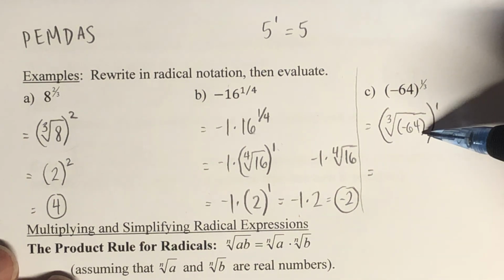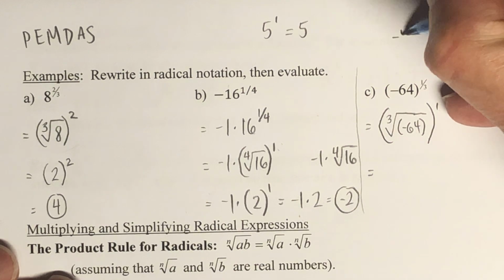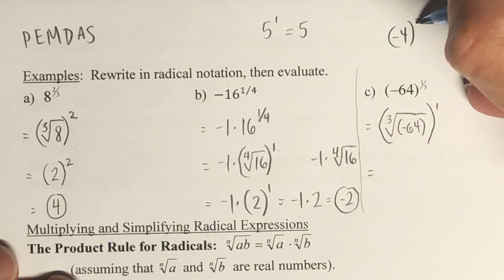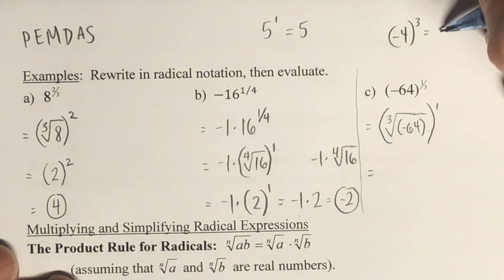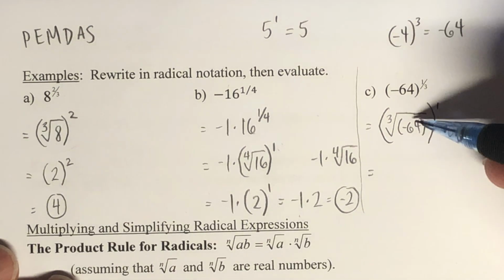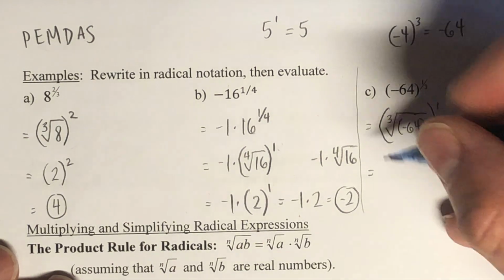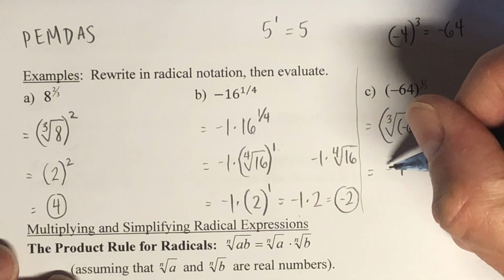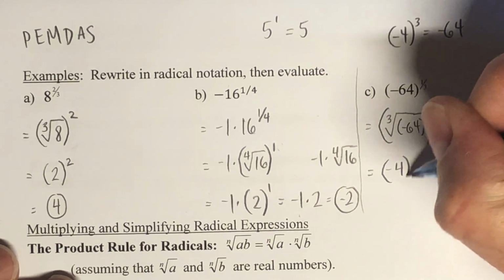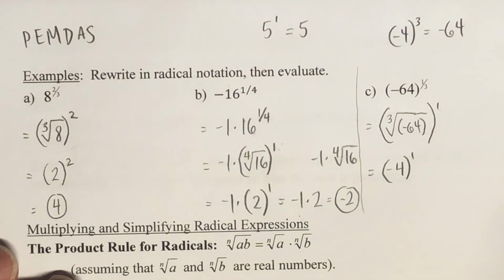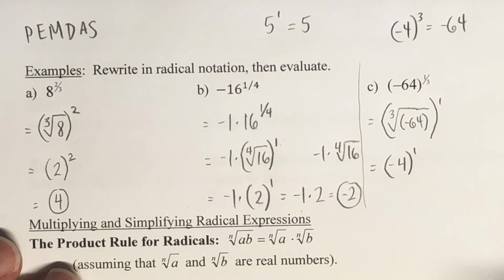What is the 3rd root of -64? Well, -4, if you multiply it 3 times, is equal to -64, and so therefore the 3rd root of -64 must be -4. And so -4 to the first power.